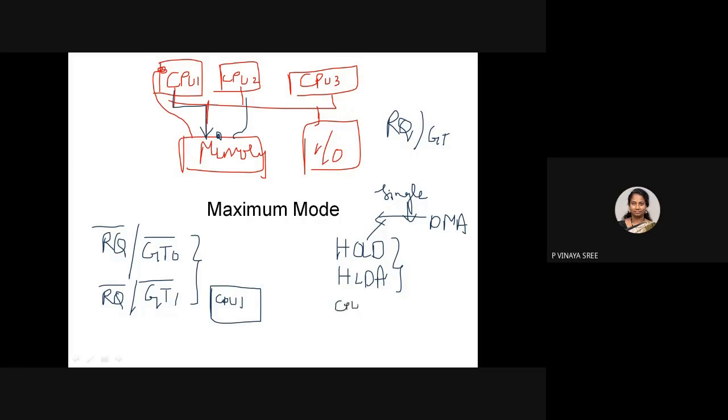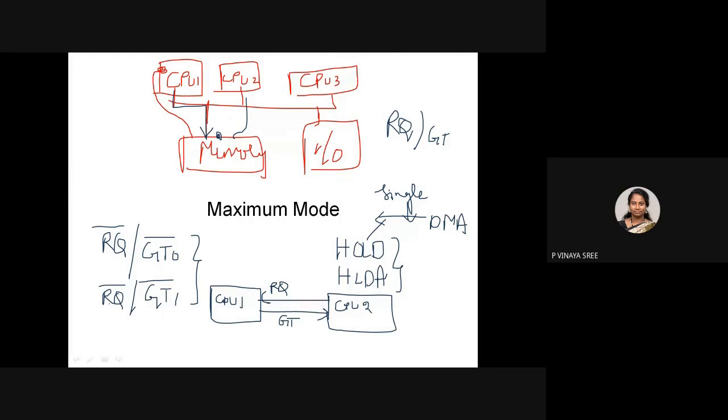The other processor 2 wants the system bus, so CPU 2 will give a request to processor 1, which is using the system bus, saying that it wants the system bus. So what will CPU 1 do? It will give an acknowledgement, a grant, saying that you can use the system bus.